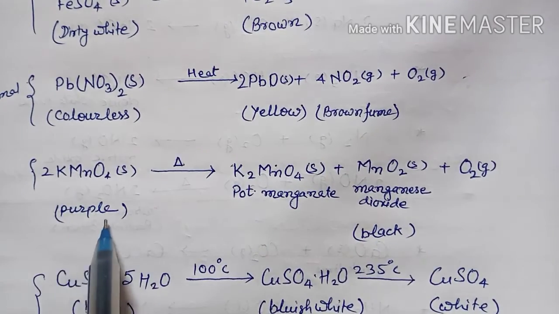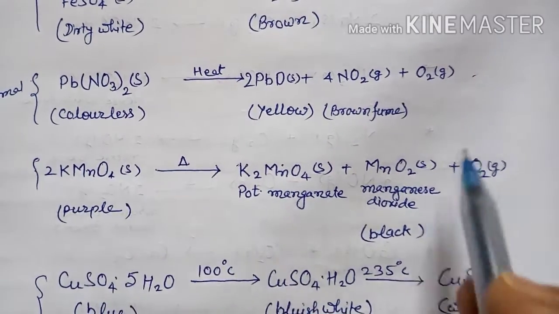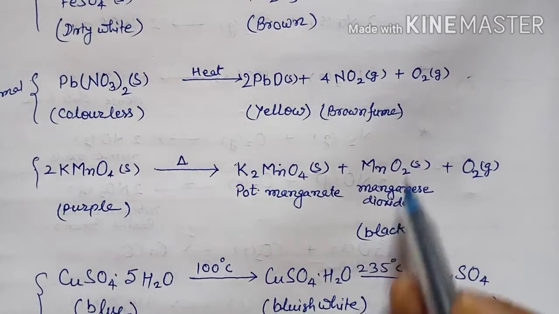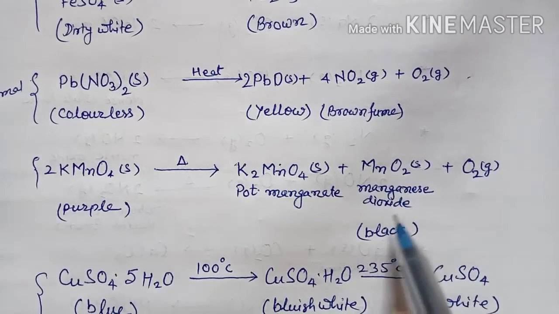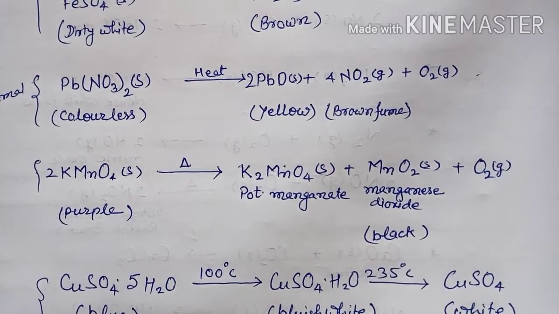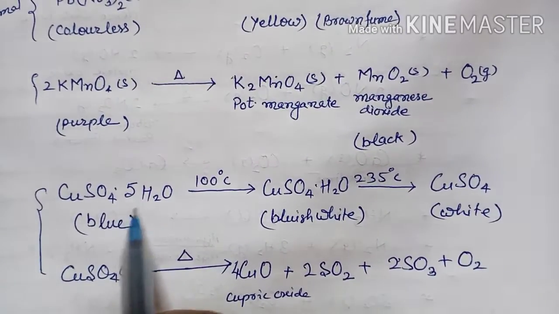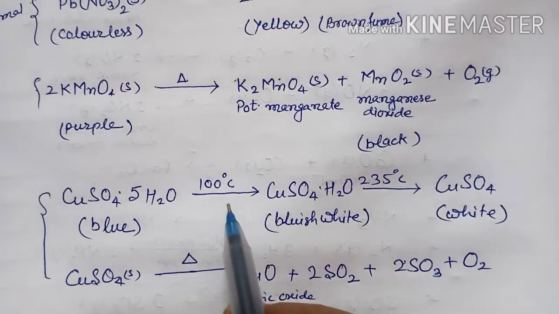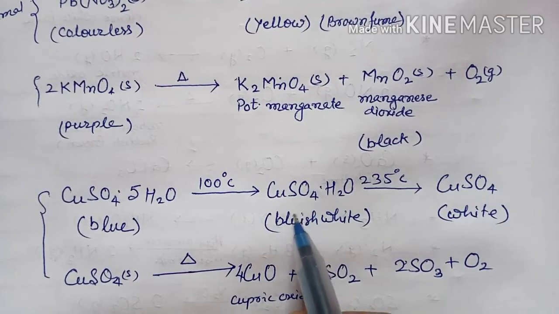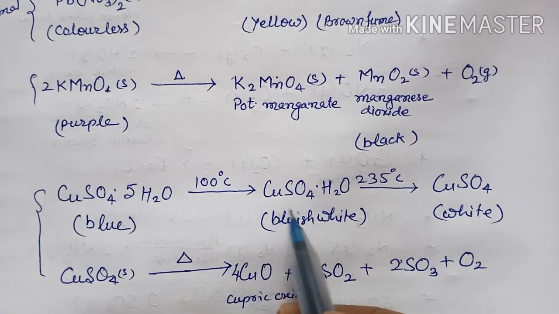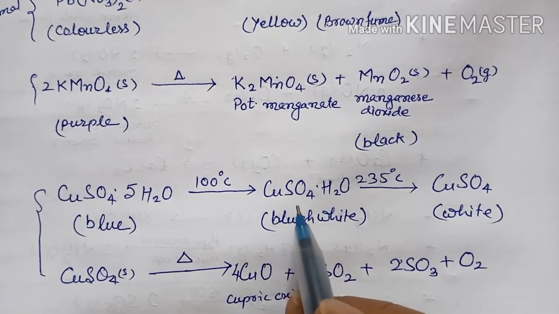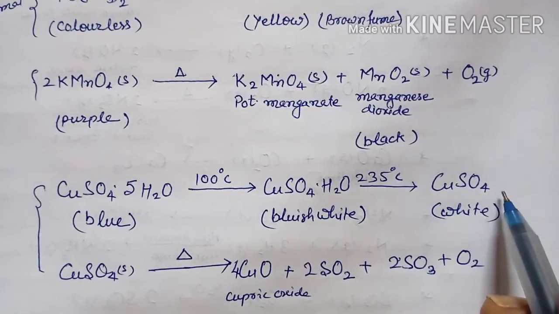Potassium permanganate, whose color is purple, also converts into black color. The black color of manganese dioxide is forming. Further, we can also see hydrated copper sulfate: when it is heated, it starts converting into copper sulfate.